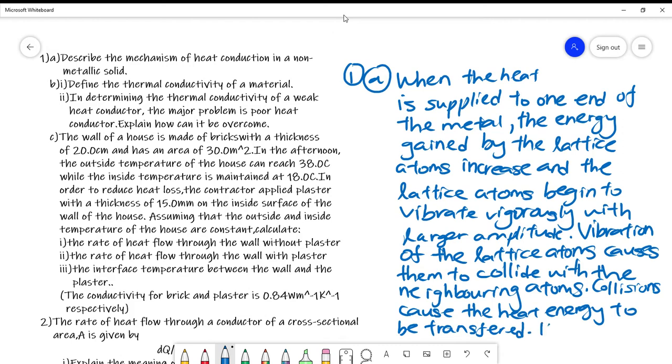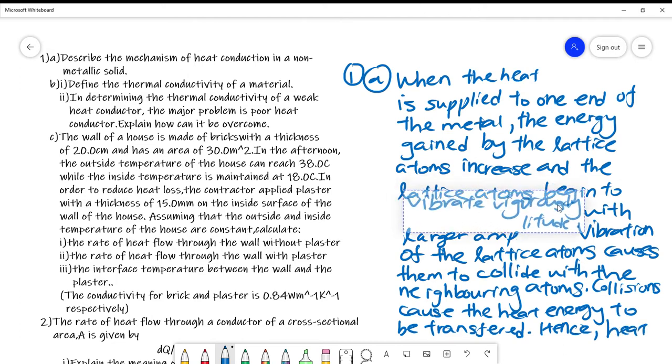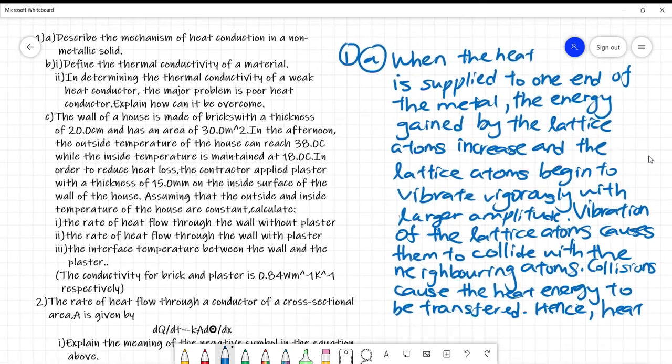Hence, I conclude that heat conduction actually occurs. Let me just drag it down.